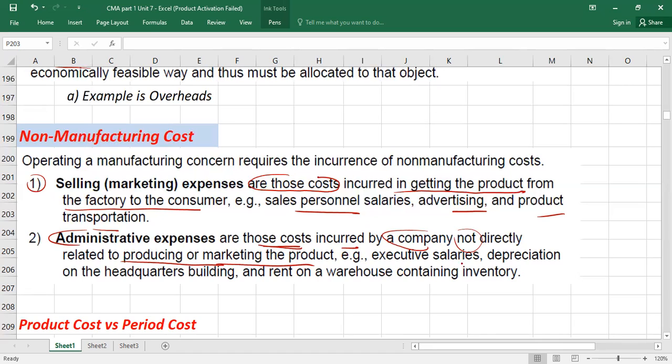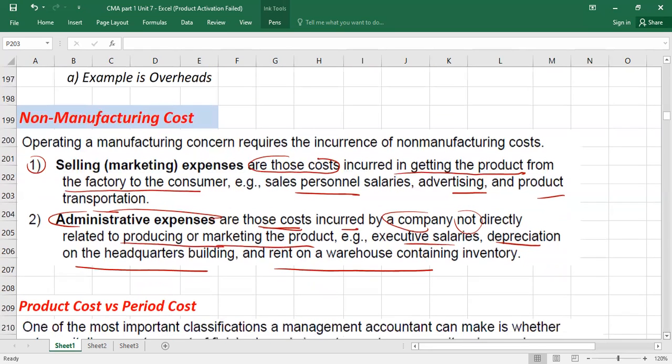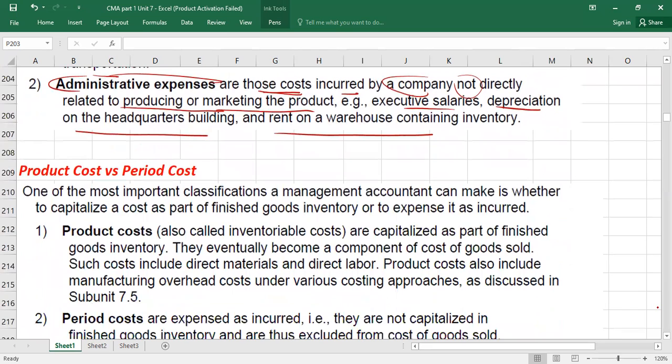For example, executive salaries, board of directors salaries, depreciation on headquarter building. Headquarter is not production, not dealing with even sales. Later on, it's not specific to one. Rent on warehouse containing inventory. So these are called which cost? Administration expense. Understood?